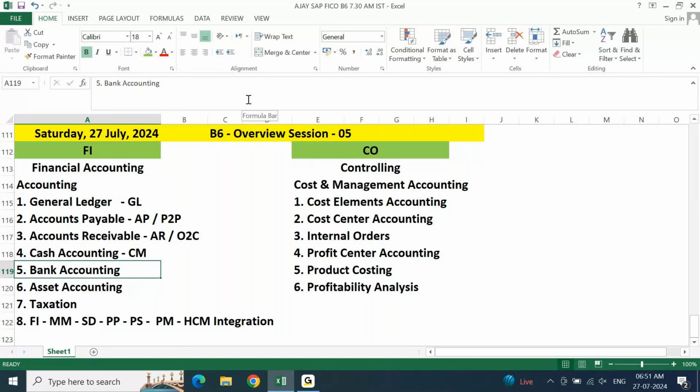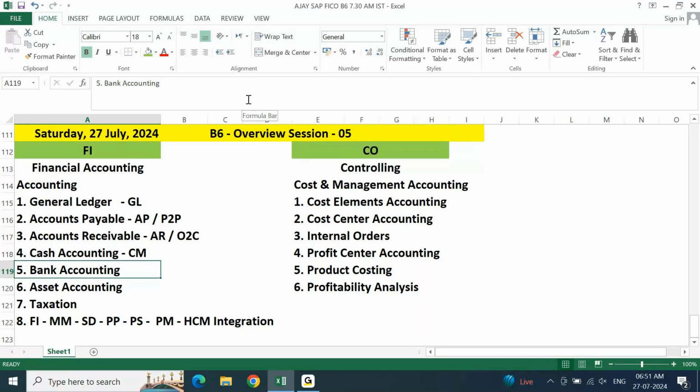From this financial supply chain management, cash is extended. When you're talking about cash in FSCM, you have a dedicated submodule called CM or cash management there. There you have in-depth cash related accounting, wherein you can talk about the cash flows and all. But from the FI point of view, it is the basic cash accounting.